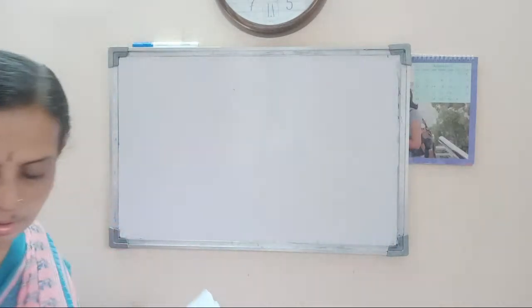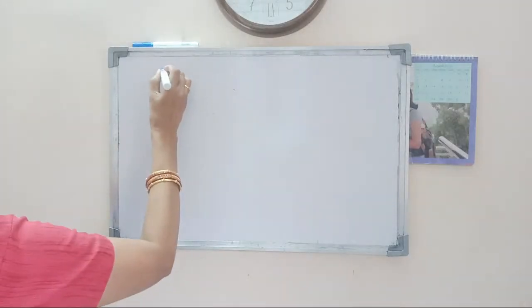It is given, show that point P is the center of the circle circumscribing a triangle whose angular points are given. This is the figure we have to proceed with.